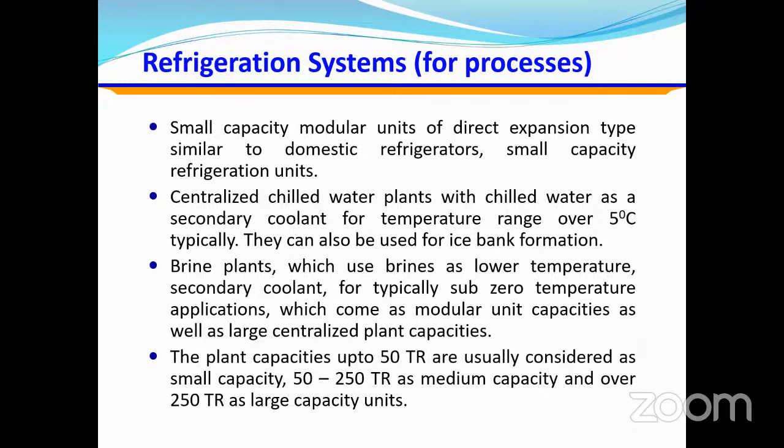So commercially we call it ton, but the actual name is TR, ton of refrigeration. In the case of domestic refrigerator also, yeah, the refrigerator is also working on the refrigeration cycle.